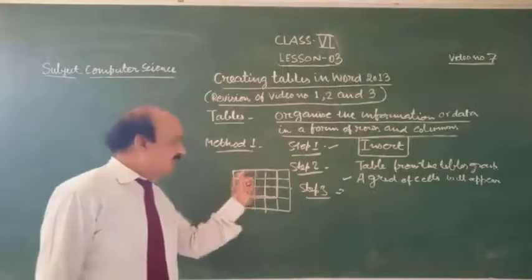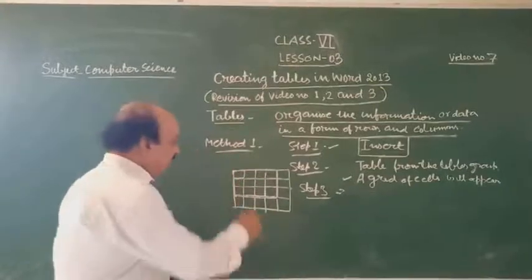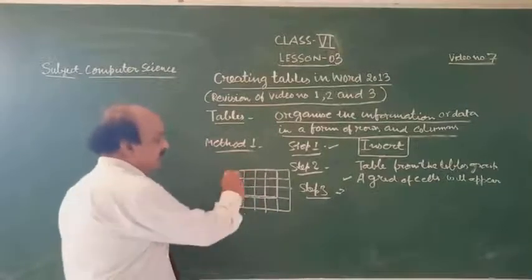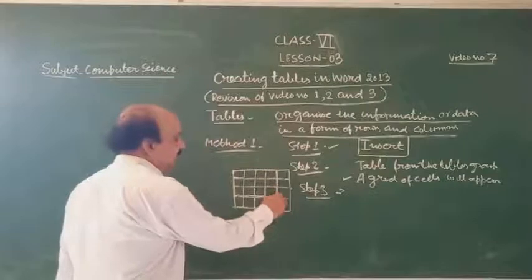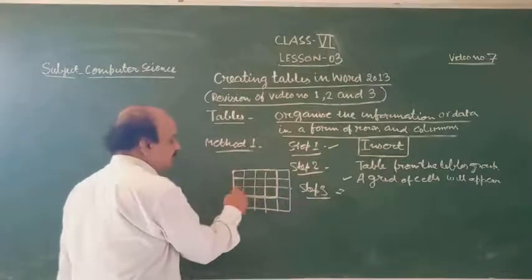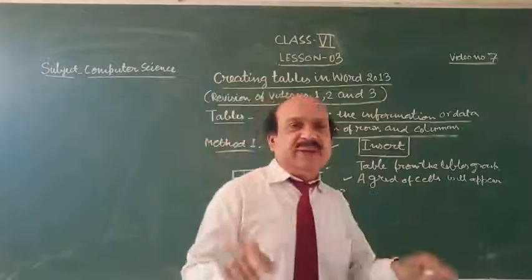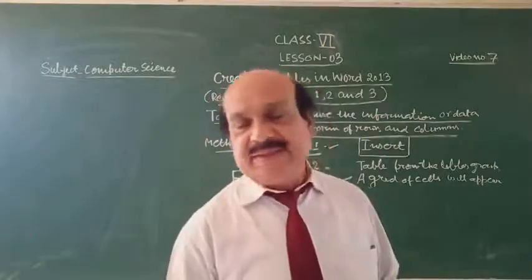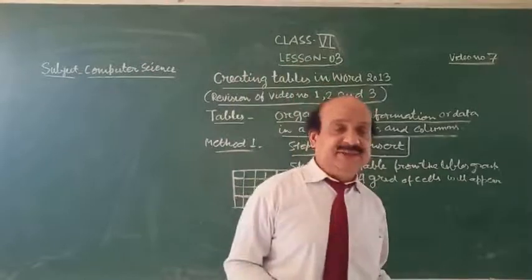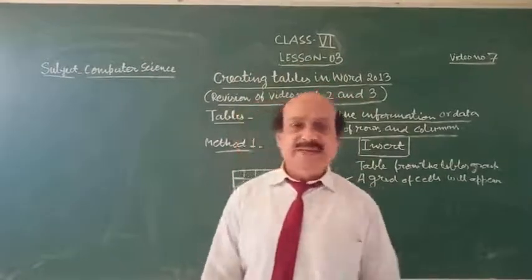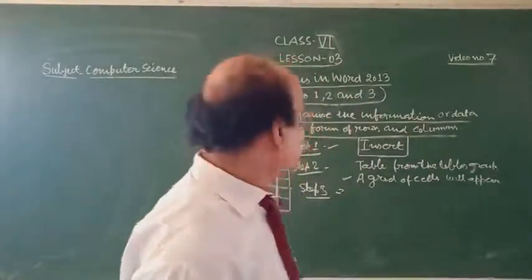From that we are selecting the rows and columns. First of all, we click here and drag it, and select these rows and columns, and click. Whenever you click, that portion will become shaded. It means this is the indication that you have selected the rows and columns. So this is the first method.